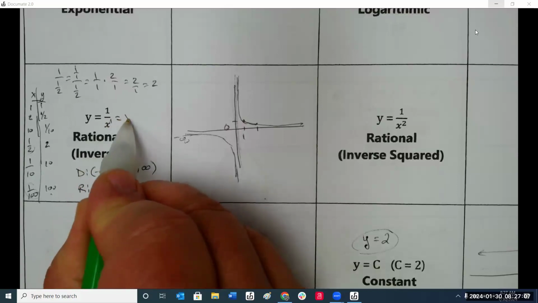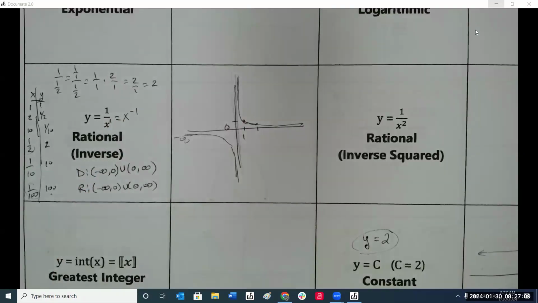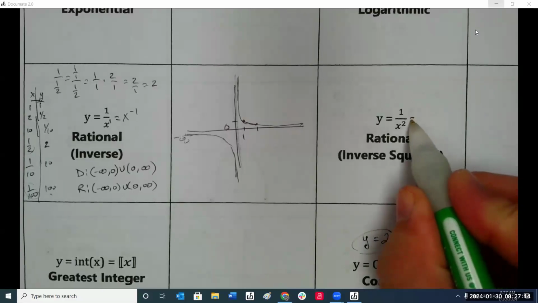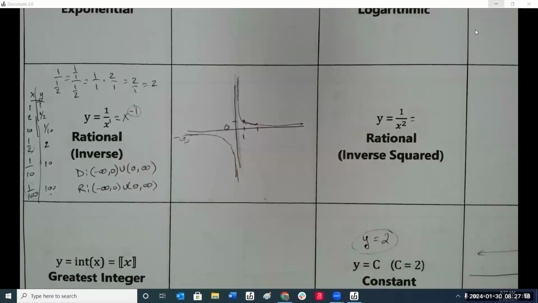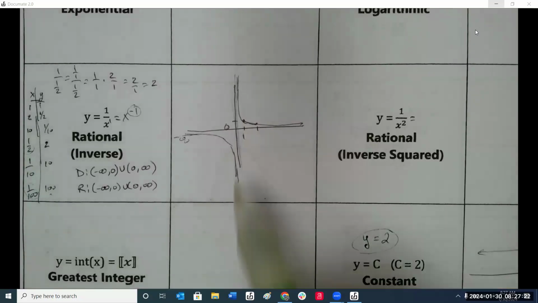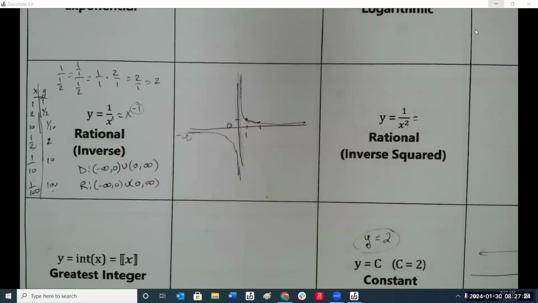So since it's on the bottom, it would be x to the negative first power. Since the exponent is -1, an odd number, it's an odd function. So you're right. Because it's odd, it is symmetric about the origin.